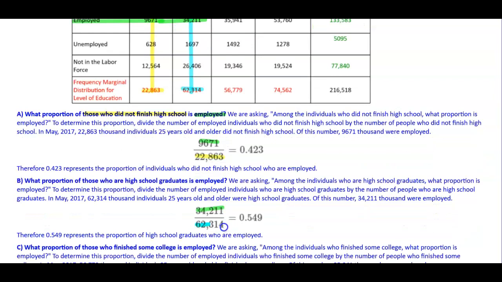If we take 34,211 and divide it by 62,314, we get 0.549. Therefore, 0.549 represents the proportion of high school graduates who are employed.